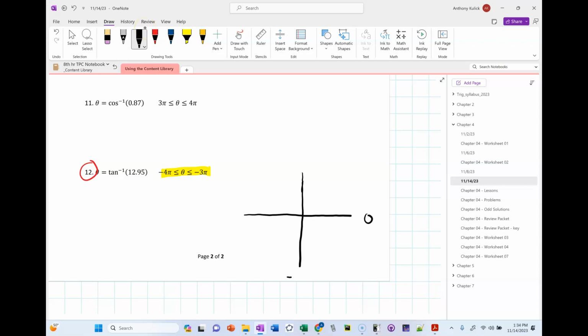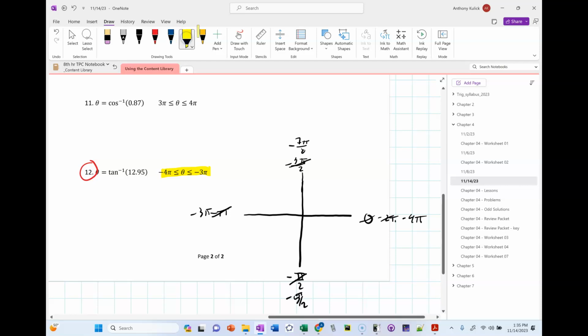So 0, -1/2, -2/2, -3/2, -4/2, -5/2, -6/2. That's the start. -7/2, -8/2. So we're looking at quadrants 2 and 3, or 1 and 2.